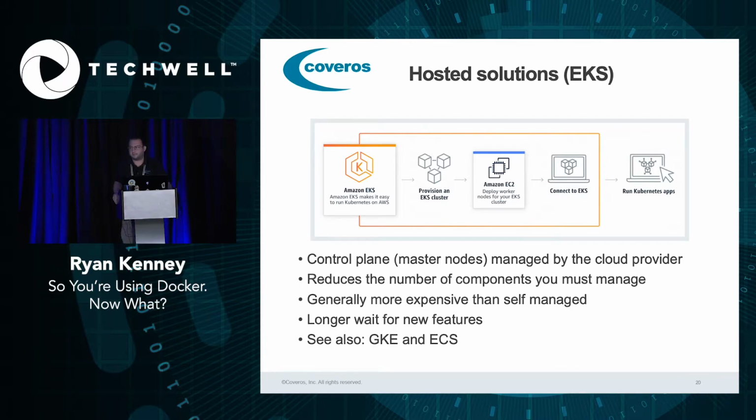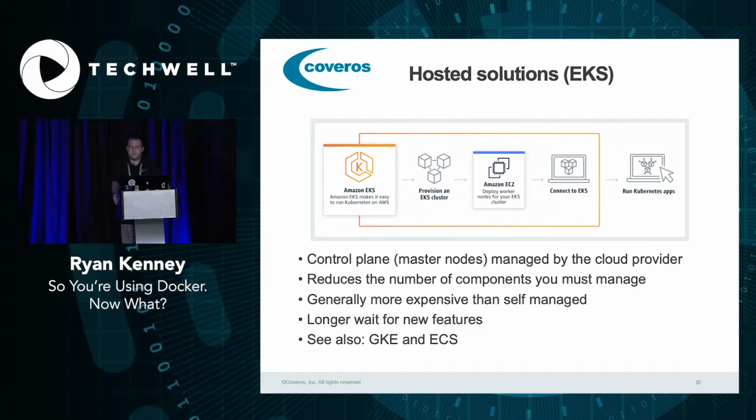Now, of course, Amazon does that for you, but also at a price. It tends to be more expensive than if you were to just host it yourself, which of course makes sense because otherwise it wouldn't be advantageous for Amazon to be hosting it for you. That said, if you were planning on building a very, very large control plane, then you may actually end up saving money, but that tends to not be the case for most people that end up using EKS.